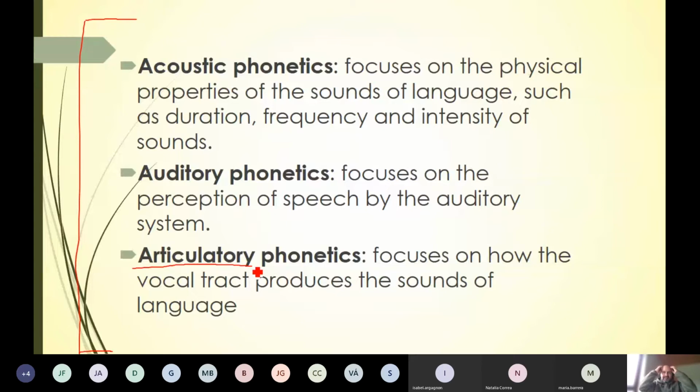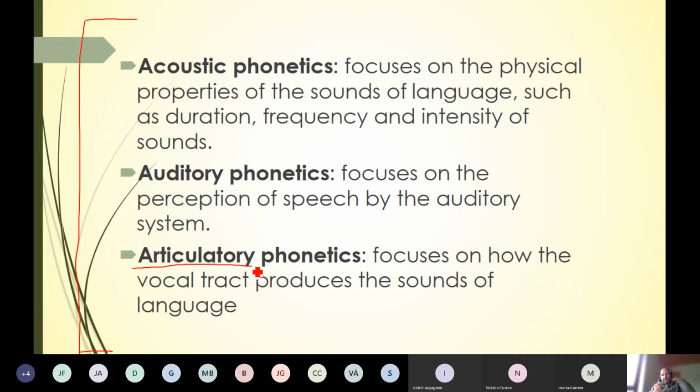When the signals are sent by the brain towards the muscles in your mouth, they are told what to do with the muscles, like push the tongue upwards or downwards or backwards, or move the upper teeth and touch the bottom lip, etc. That is what goes on when we deal with articulatory phonetics, the study of how sounds are articulated with the different articulators, which is mainly the basis of this course: to describe how vowel sounds are produced and which organs are used to produce them.